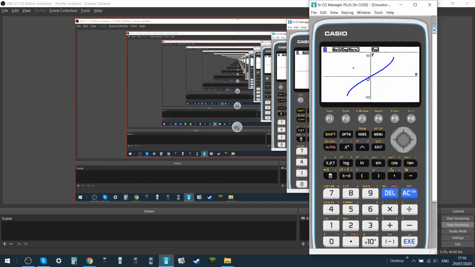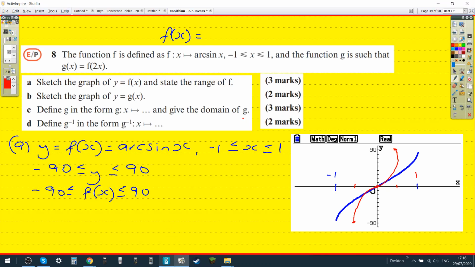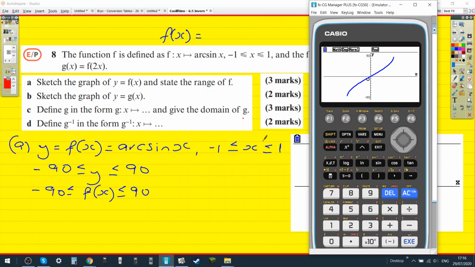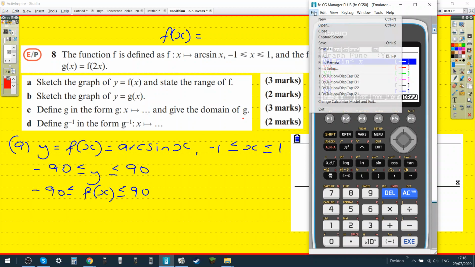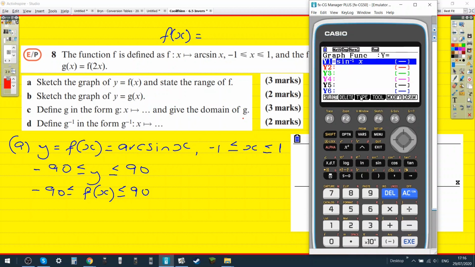Okay. Furthermore, seeing as how you love working so hard, that was arcsine x. What if it was arcsine 2x?